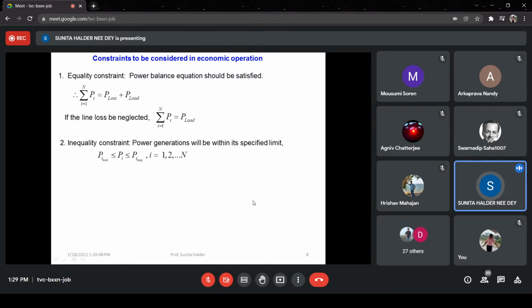Along with that, every generator has some maximum and minimum generation limit. Minimum generation limit for any generator, ideally it should be 0. But generally we keep it in running condition with some load, because in that case the time required to make it ready for run will not be there.